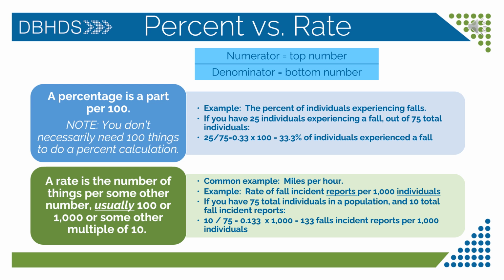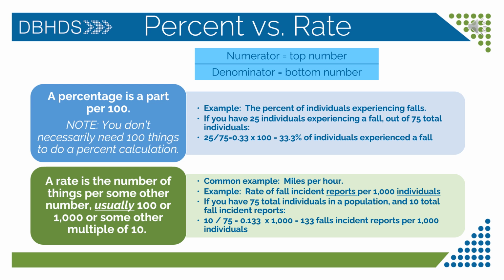As you can see in this example, and as noted on the slide, you don't necessarily need 100 things to do a percent calculation. The number in the denominator can be less than 100. However, a rule of thumb is that the denominator should be greater than 10.